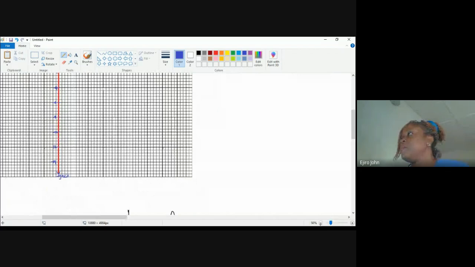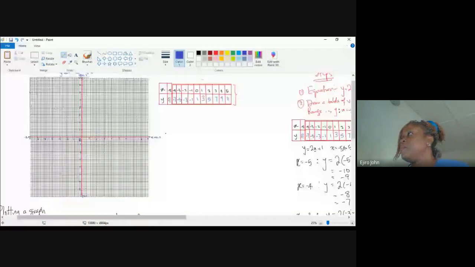We have put all the scales and all the numbers on the axis.